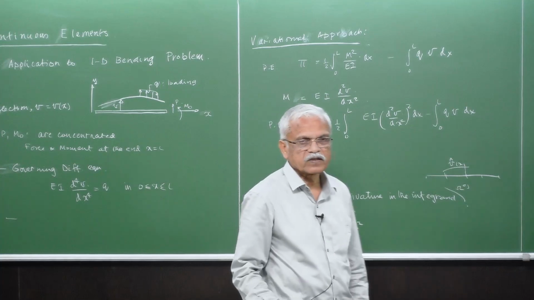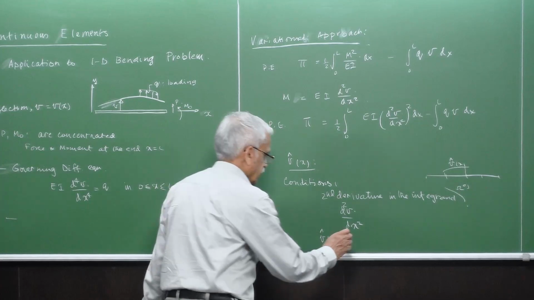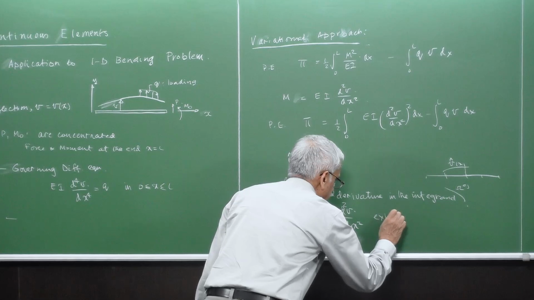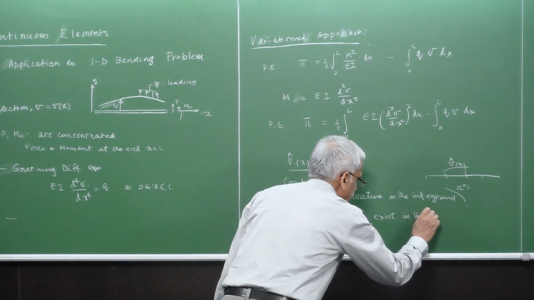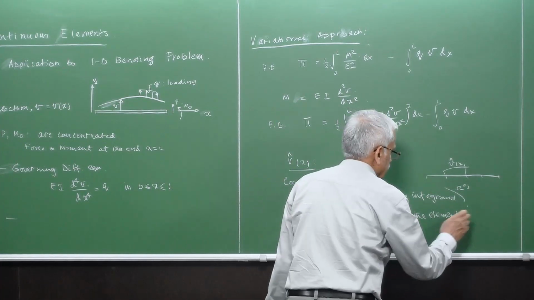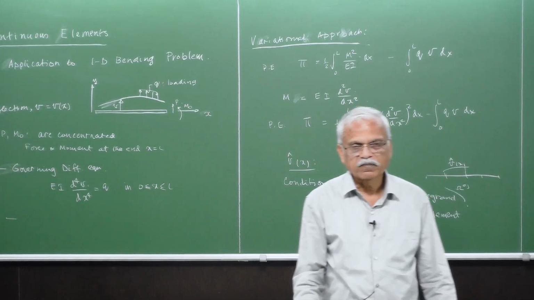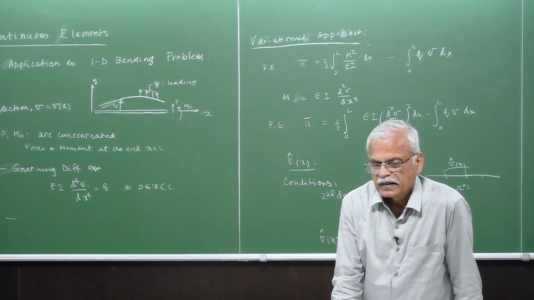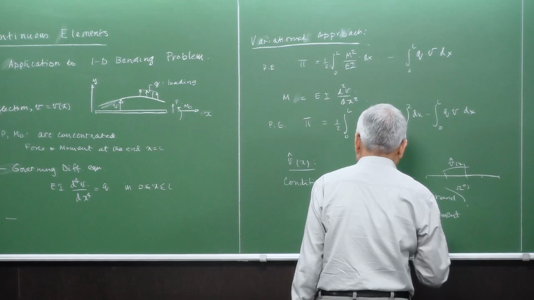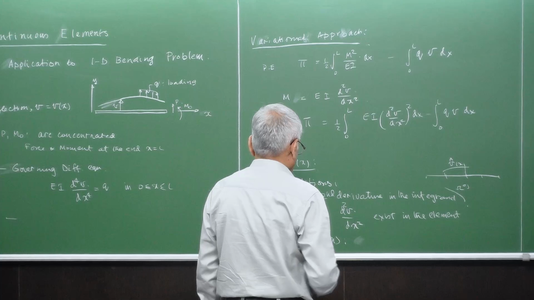So v should be at least a second degree polynomial in the element, because d square should not go to zero. So that's number one.